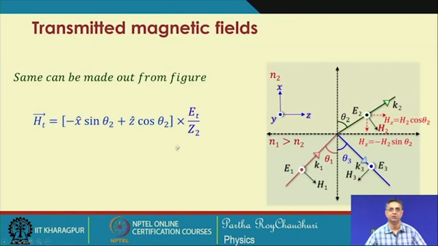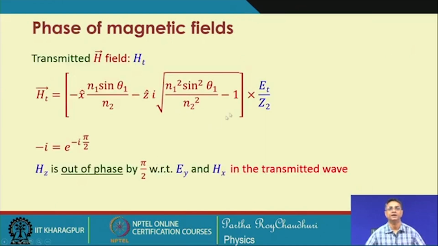So, the transmitted field can also be written in this form, because you have a cosine theta 2, and this cosine theta 2, for this case, that is from the denser to rarer medium interface, becomes imaginary, and if I substitute the value of cosine theta 2, I can write in this form. Therefore, this Ht involves an i in the z component of the transmitted magnetic field.